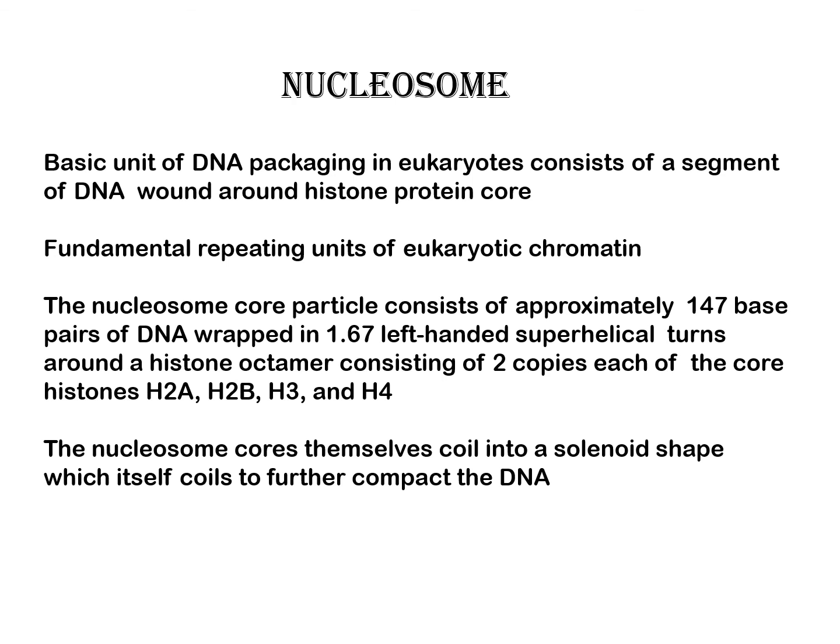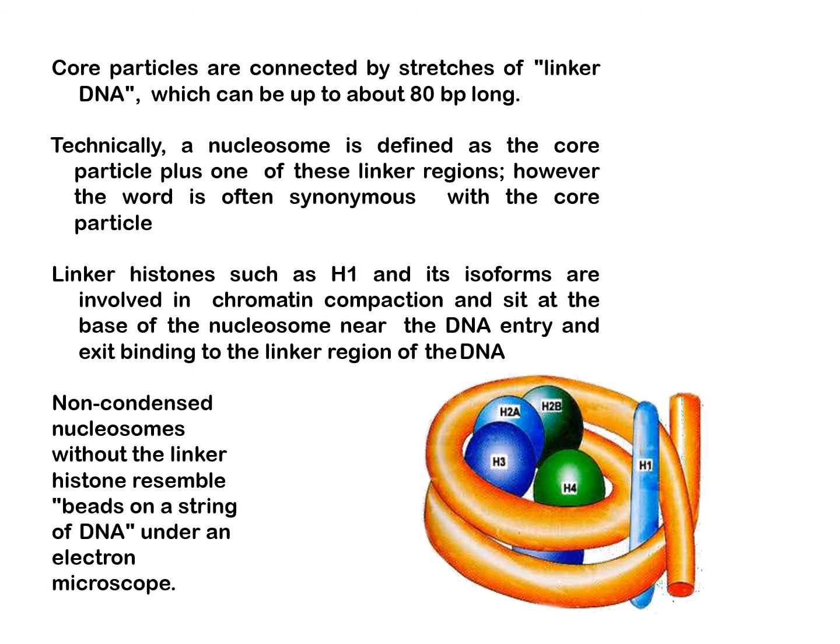The nucleosome cores themselves coil into a solenoid shape, which itself coils further to compact the DNA. Core particles are connected by stretches of linker DNA, which can be up to about 80 base pairs long.